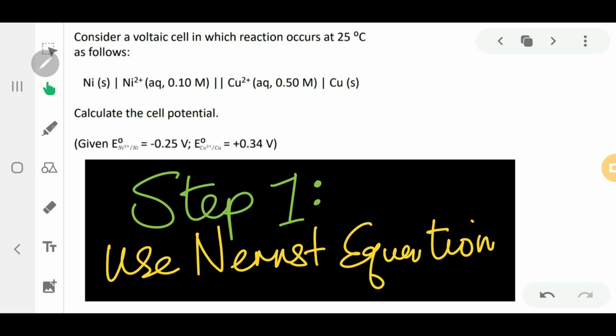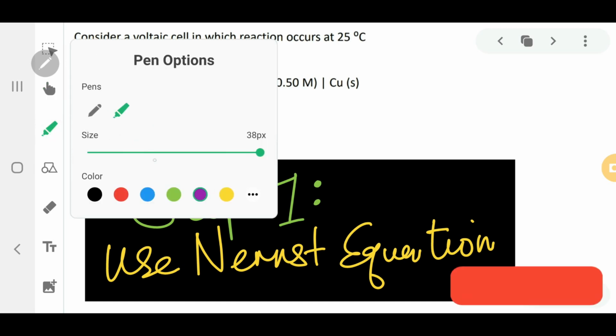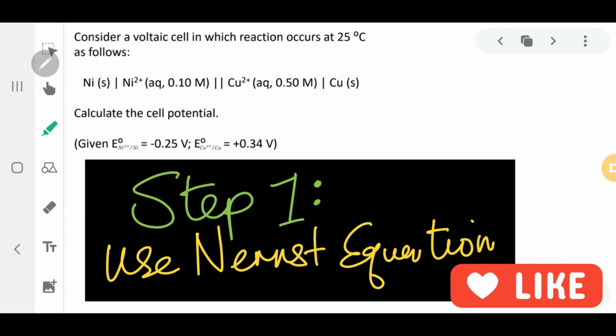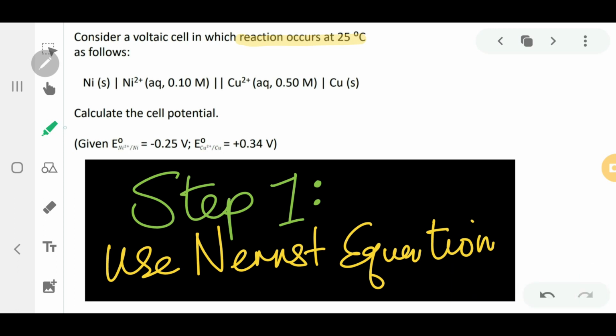If the reaction occurs at 25 degrees Celsius, we will be able to use the simplified version of the Nernst equation. If you prefer to use the Nernst equation and not the simplified version, that's okay. But over here, I'm just going to show you an alternative.